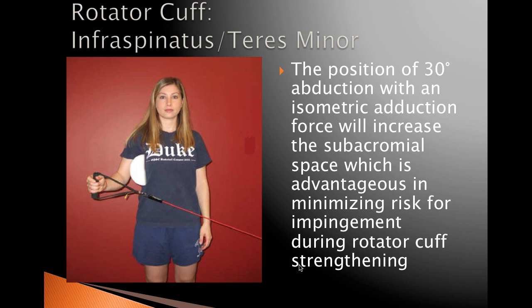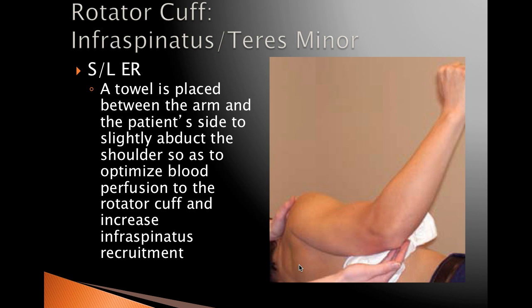All right, again, same thing. We talked about putting a towel in there. They're side-lying, so that optimizes the blood getting to the rotator cuff, and it's also increasing the recruitment of the infraspinatus.